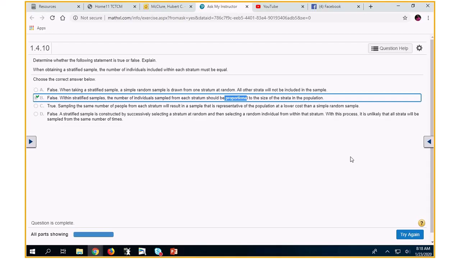Proportional. That's the dead giveaway right there. Now, like I say, this is not a test question. I wouldn't even think this would be on a standardized test, because not many people really walk around thinking about a stratified sample, unless you're a statistician. So the key word here is proportional.